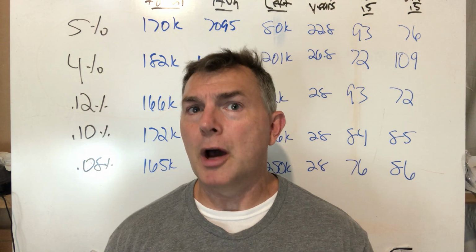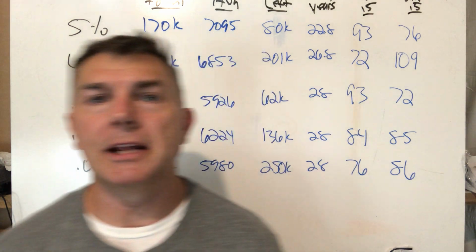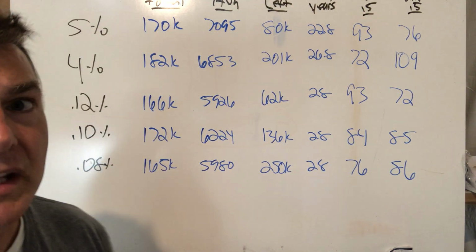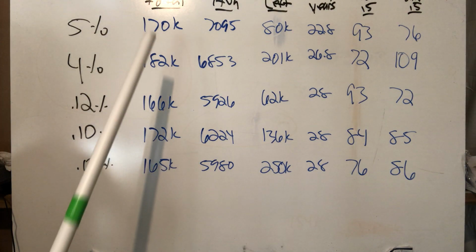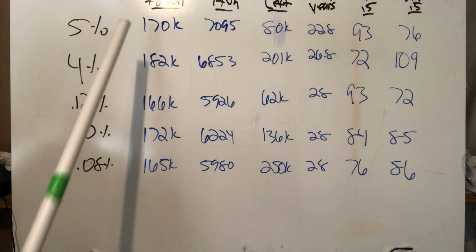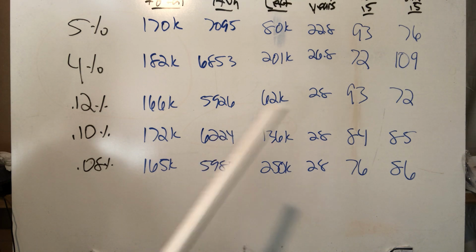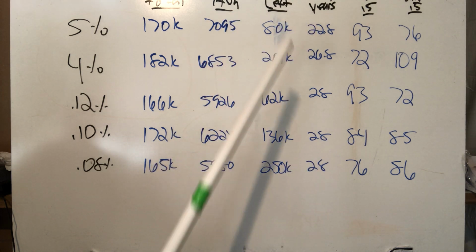All right, so this is exciting because we're showing something different here. We had the Wellington Fund, no barbell, just $100,000 in Wellington. What would have happened? All I've done here is take the average of everything. So the average income we would have taken was $170,000. Let me show you how this works.